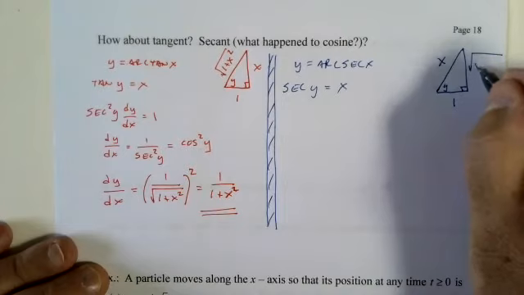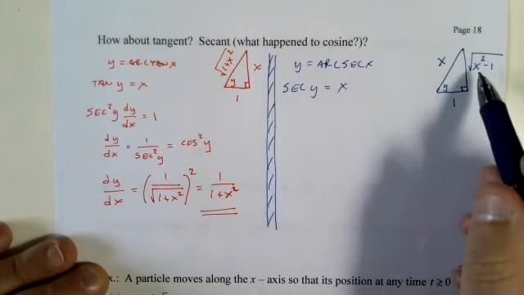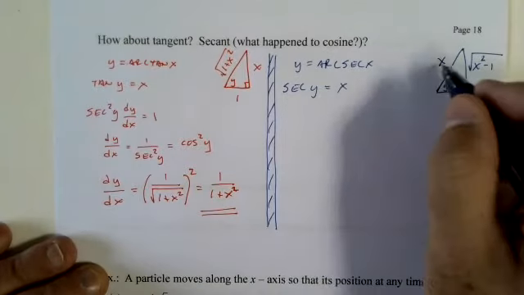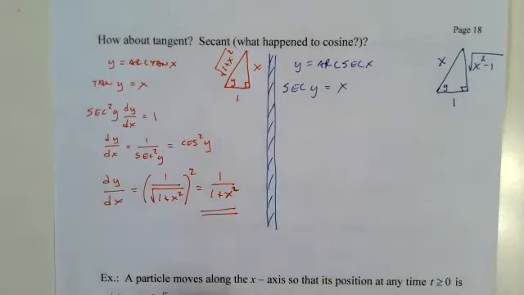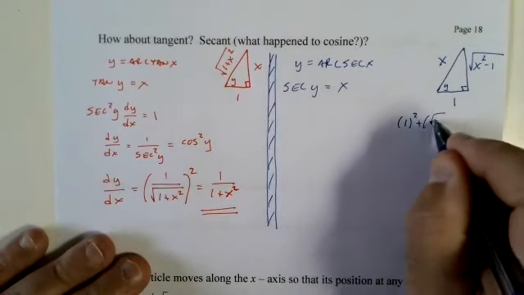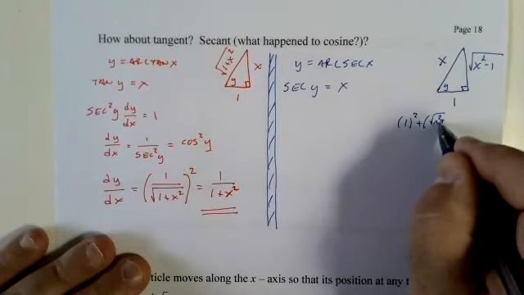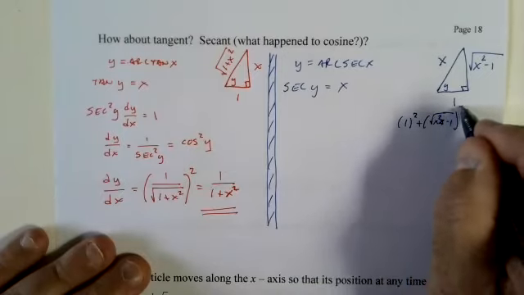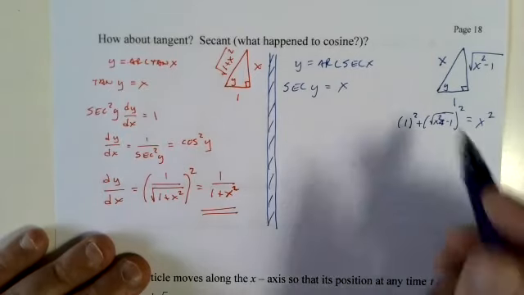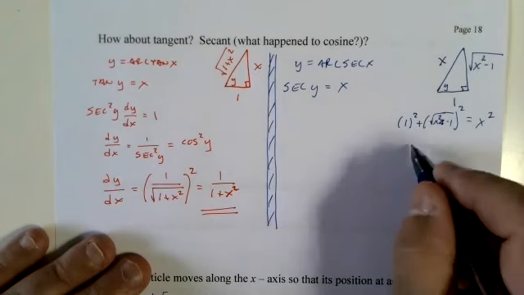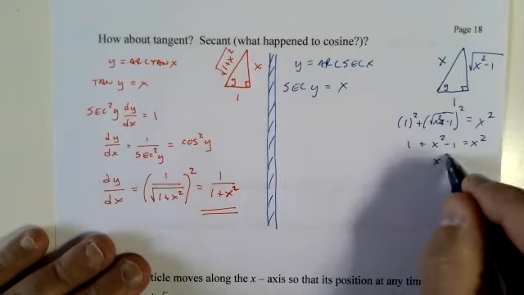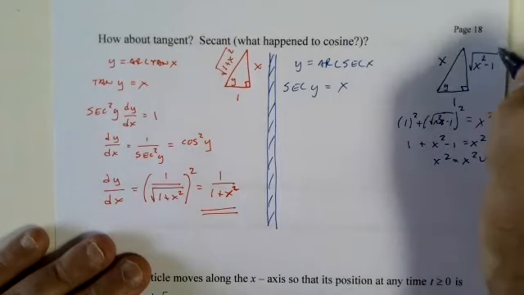Now the third side: the square root of x squared minus 1, since 1 squared plus the square root of x squared minus 1, squared, equals x squared. All right, I guess we got lucky.